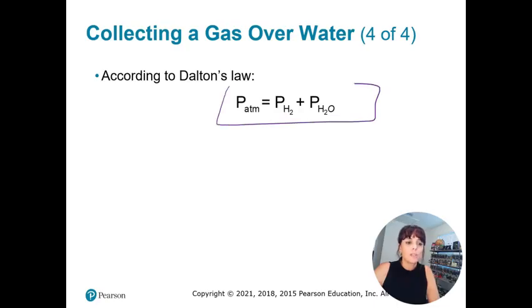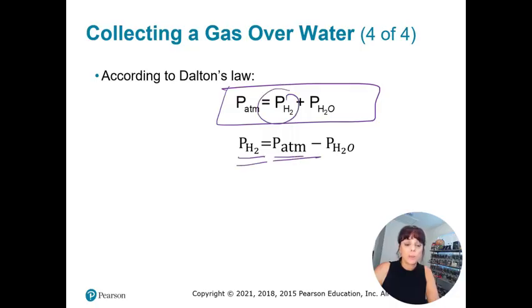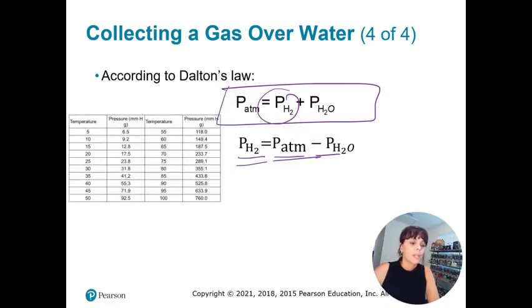Okay, so this is what I'm going to do. We have Dalton's law. I will not give you Dalton's law; you need to know that the total pressure will be the sum of both gases inside. So I will isolate this: the pressure of hydrogen will be atmospheric pressure minus vapor pressure of water. Again, I'm bringing here the table.